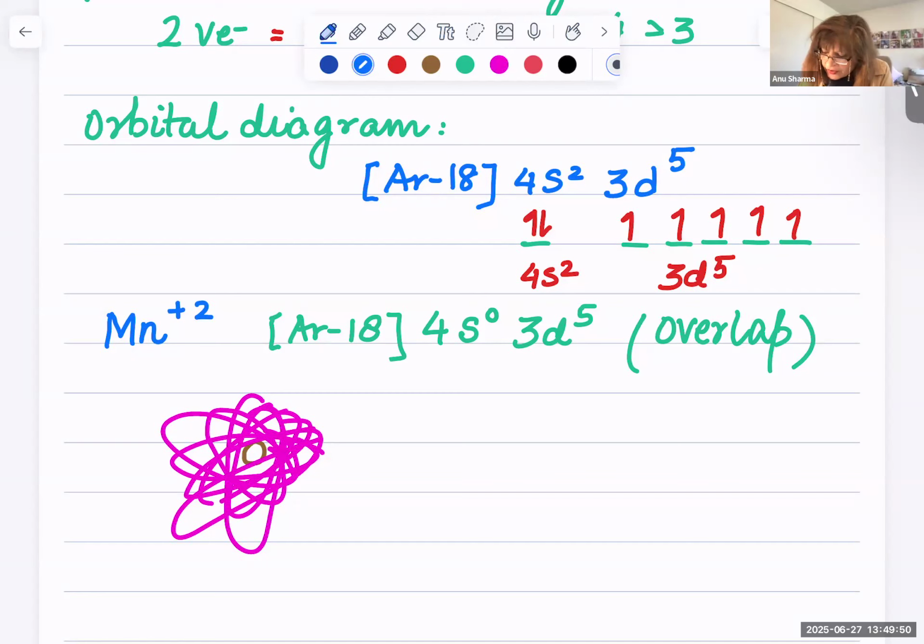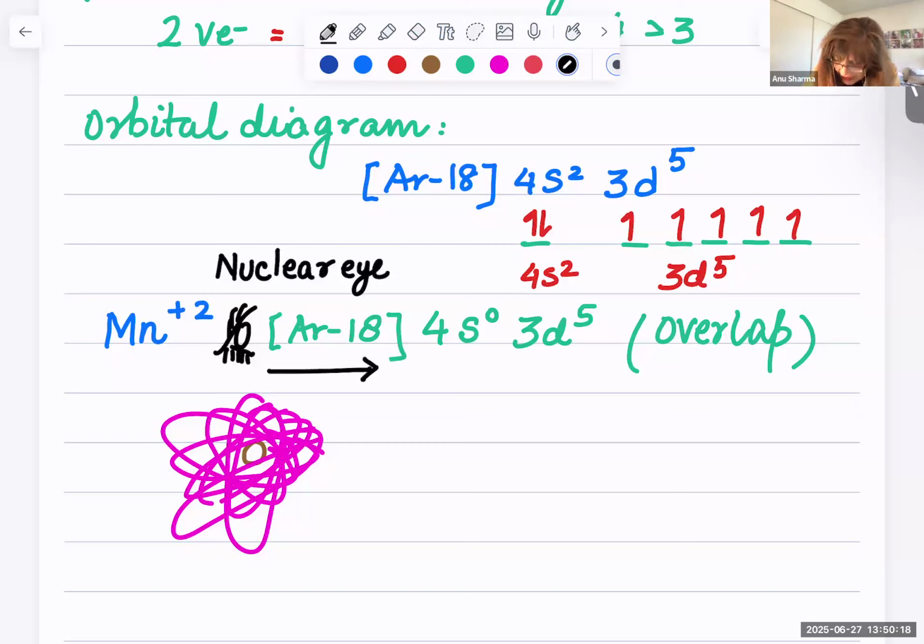When we write the electronic configuration, we write it with respect to how the nucleus sees the electrons. Let's say this is the eye of the nucleus, looking at them. The nucleus is able to see all these 18, and then it sees 4s more, and it still sees 3d, but not as much as 4s.